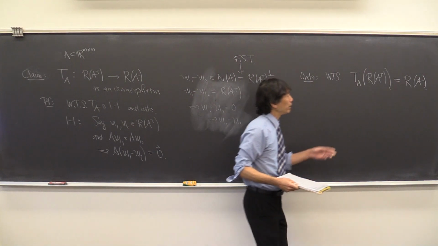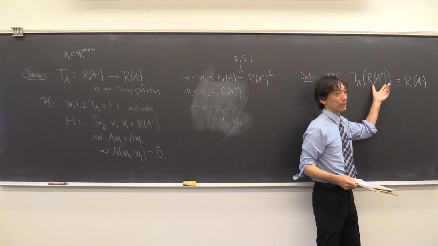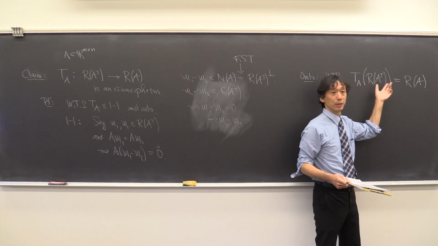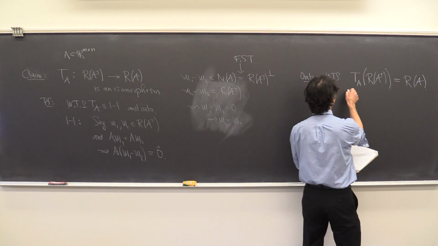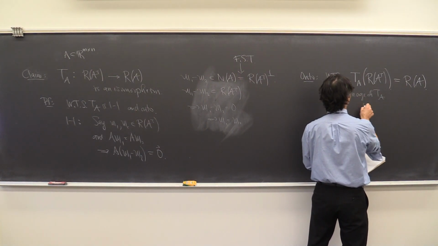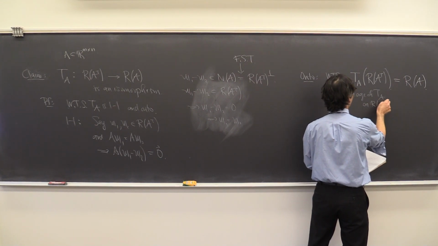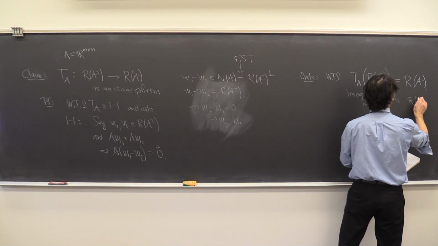We want to show that everything in the range of A can be obtained as A of something in the range of A^T. Is that notation clear? That the image of T sub A on R(A^T) is in fact R(A).